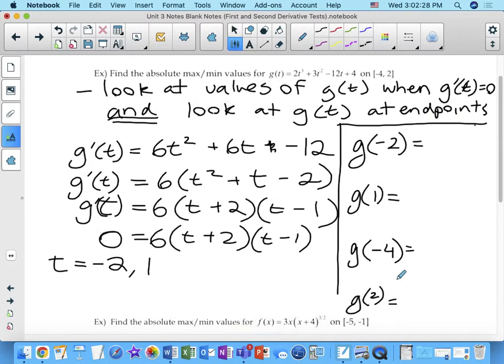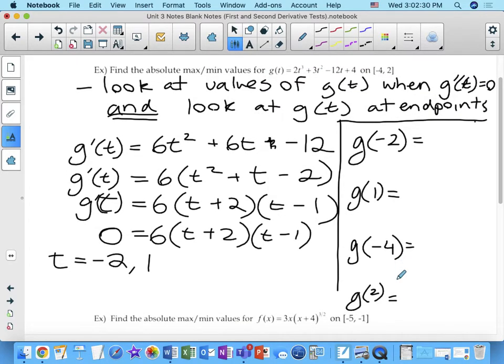Okay, so let's see. g of -2, I don't have a lot of room here, but it's going to be 2 times -2 cubed plus 3 times -2 squared minus 12 times -2 plus 4. Whatever that is. You guys have calculators in front of you.